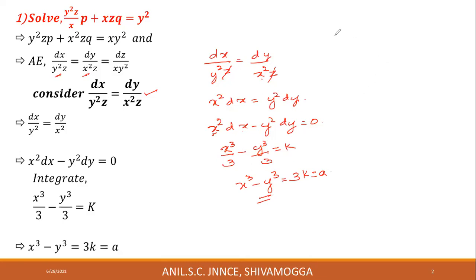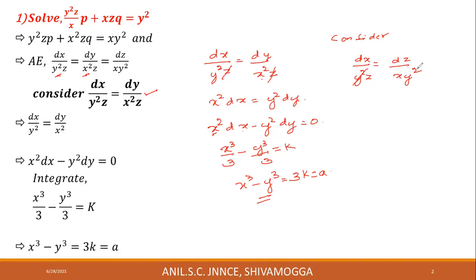Next, I consider first and third ratios. If you want, you can take second and third also. In either way, you can do that. I consider first and third. Dx divided by y square z is equal to dz divided by x y square.